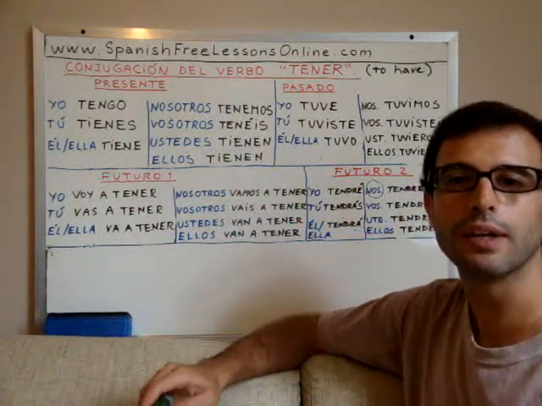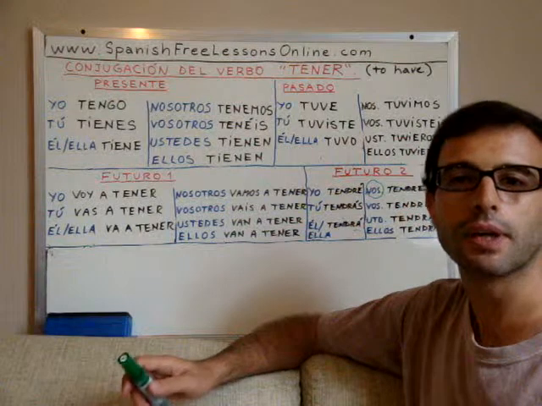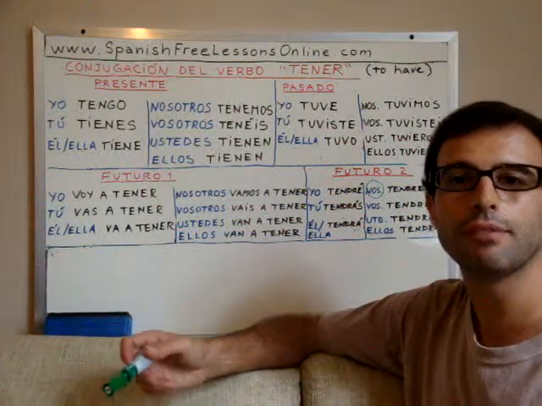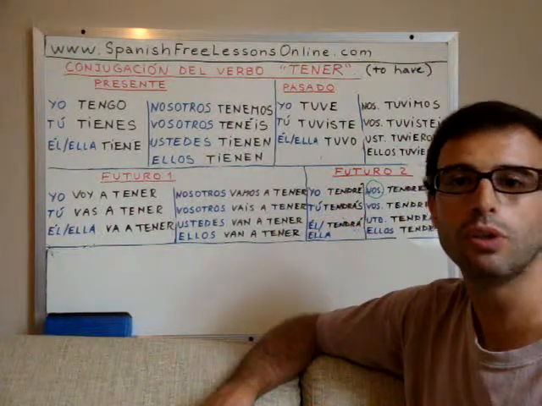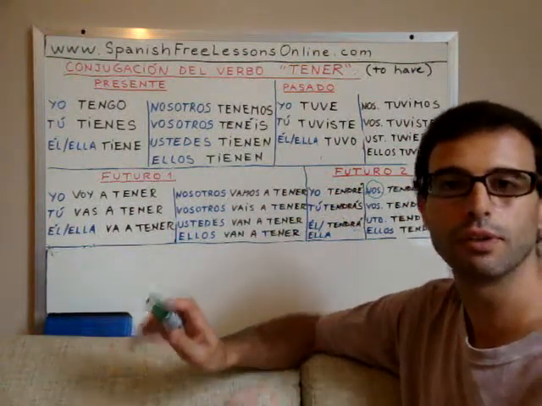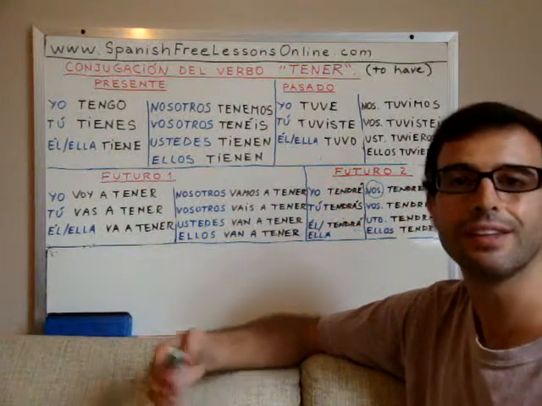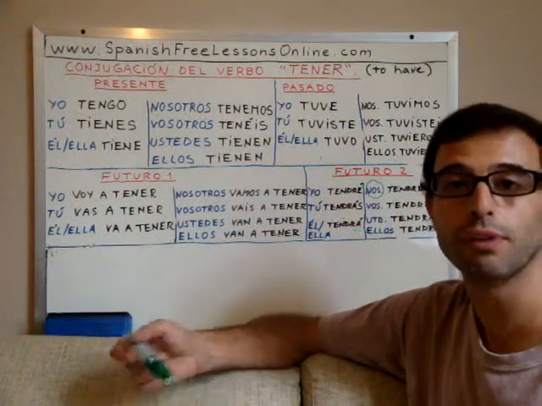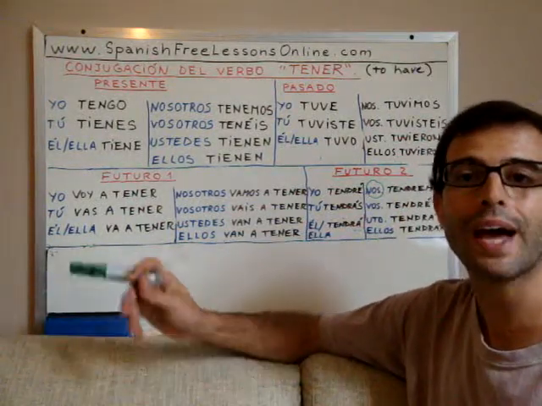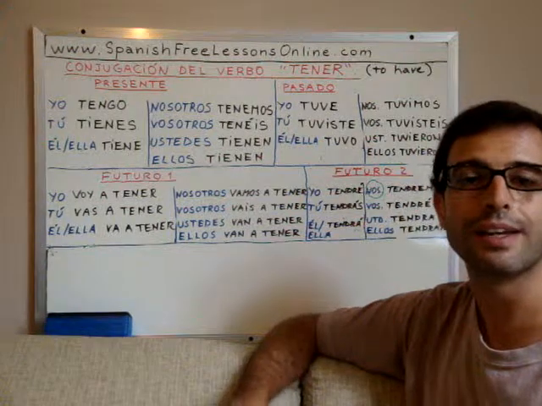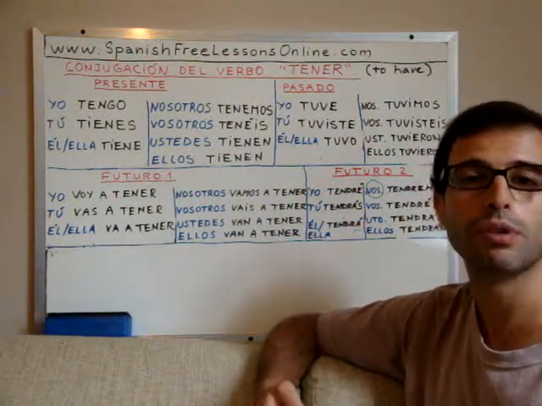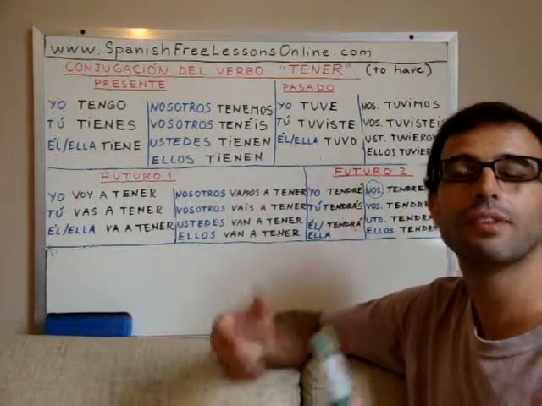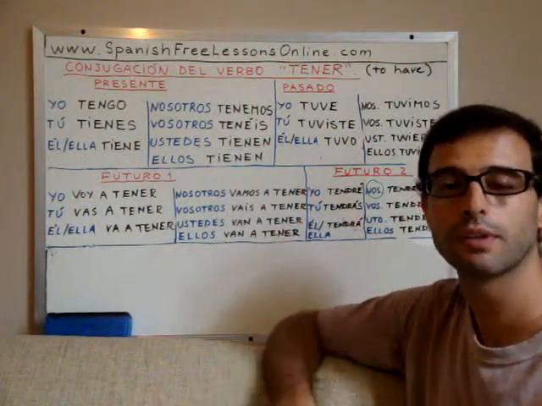Because if we say in Spanish, I feel cold, for example, we don't use the verb to feel. That would be sentir, the Spanish verb to feel. We use the verb to have.